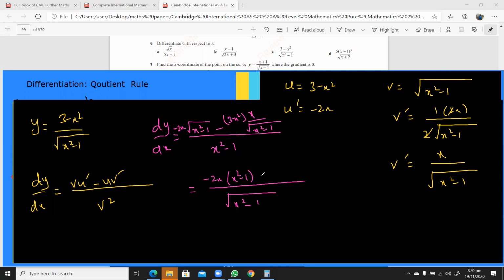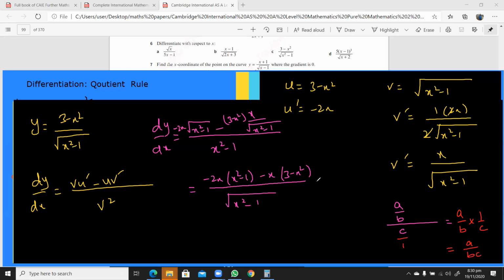And you have from here minus x into (3 minus x square). Do you know that if you have A over B divided by C, that actually means C is over 1 like this? So this becomes A over B times 1 over C, so you can write it as A over BC.